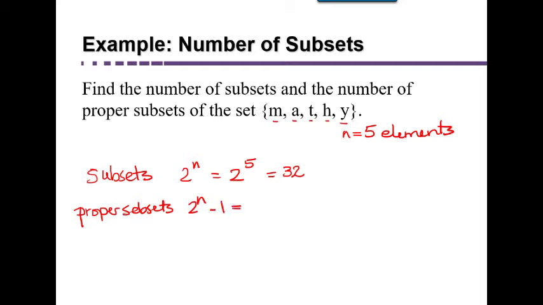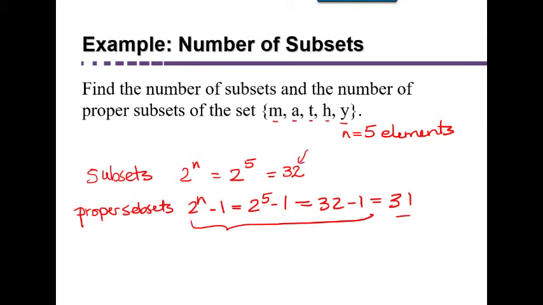We have 5 elements. Remember, each element doubles the number of branches if we were to actually draw out a tree diagram of the subsets. But we don't need to do that because we only need to know how many. So how many subsets are there? We're going to use 2 to the n, where n is 5. So we're going to have 2 to the 5th power.